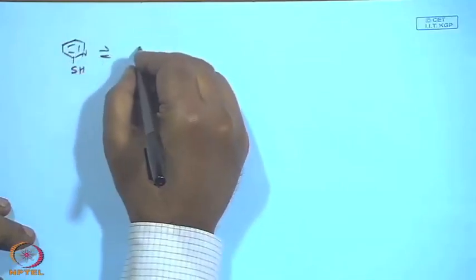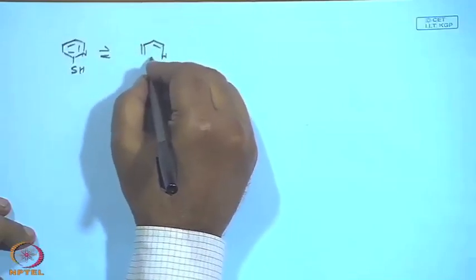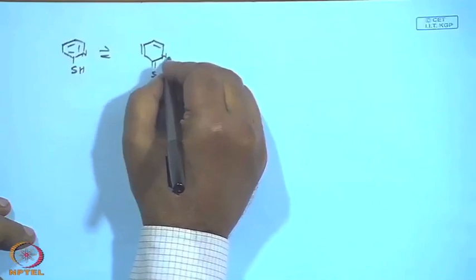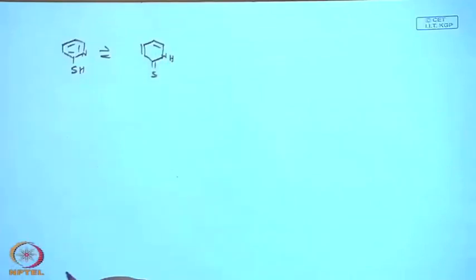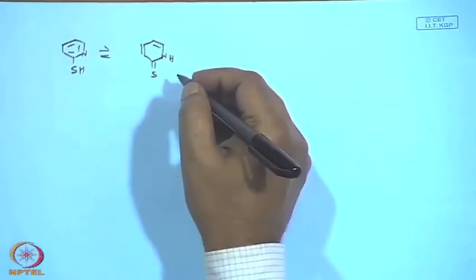Again all of us can guess the equilibrium would be a thione equilibrium of this kind. That is pyridine 2 mercaptan, which is in equilibrium, but which one is more, which one is less.